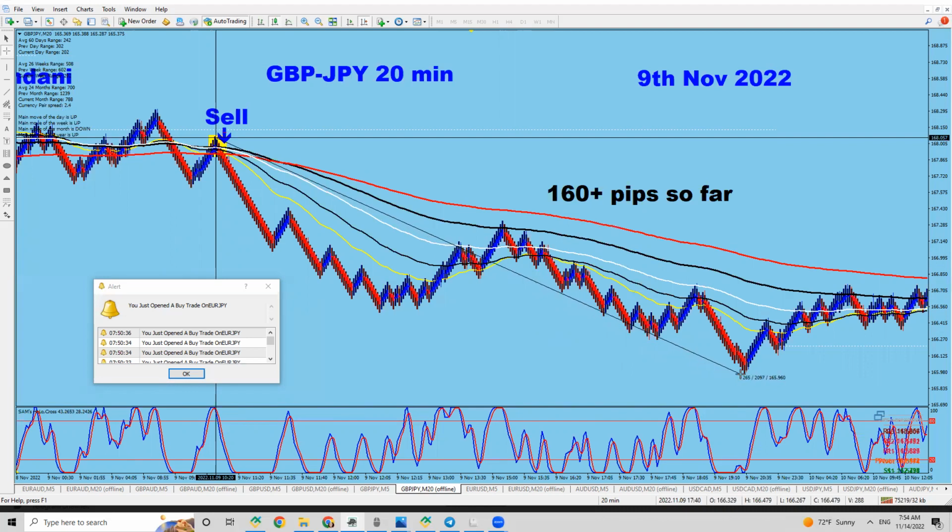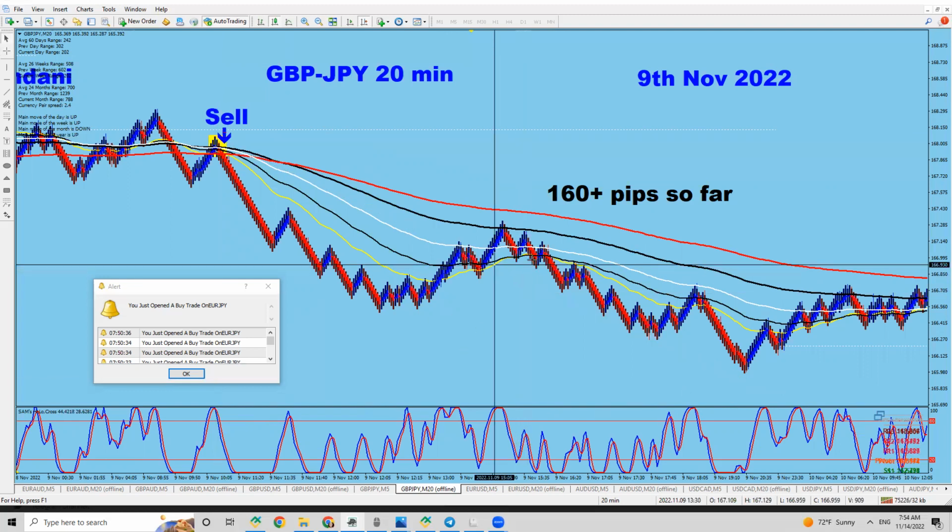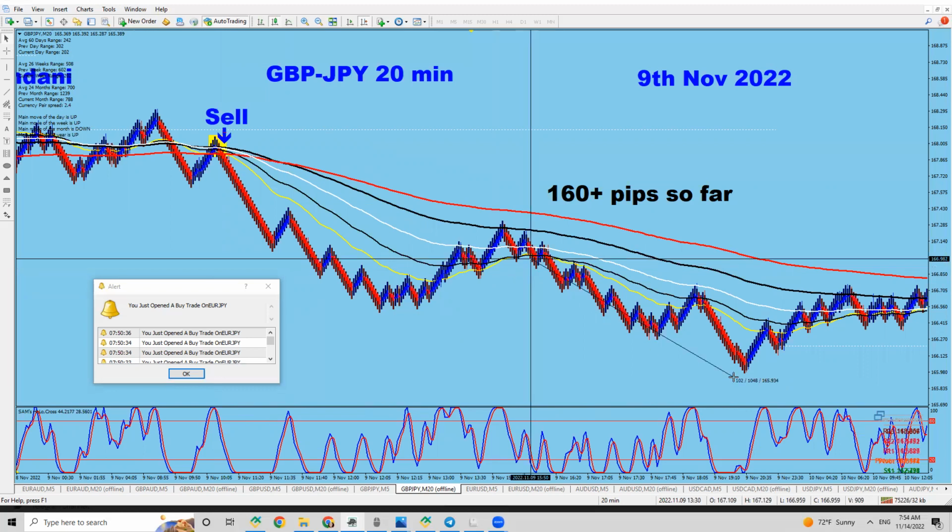Okay, the first number I got confused. Hold on, it's 21 to 11. So if I had my entry here, it would be 104 pips. See that? That's a 100 pip trade.